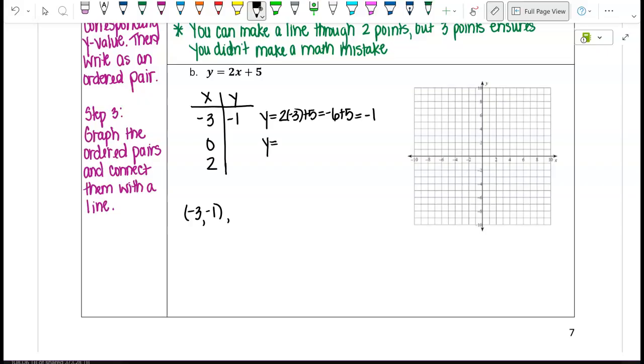So y equals 2 times 0 plus 5. 0 plus 5 equals 5. So my second ordered pair is 0, 5.